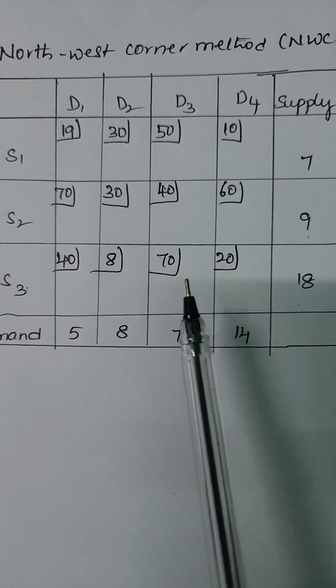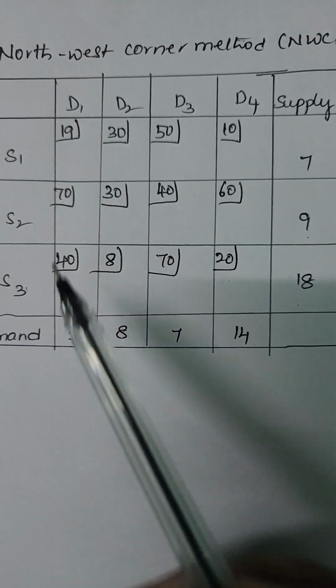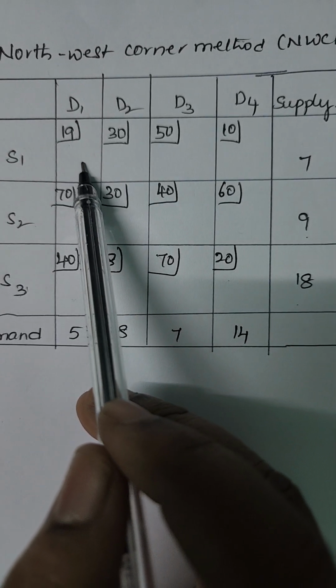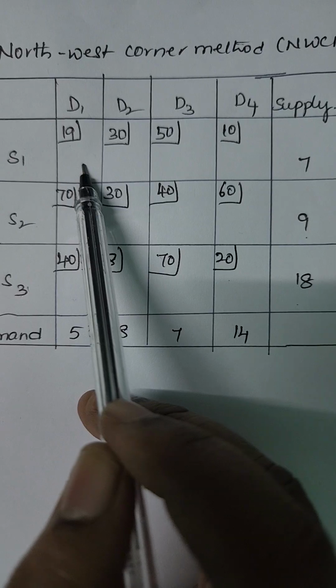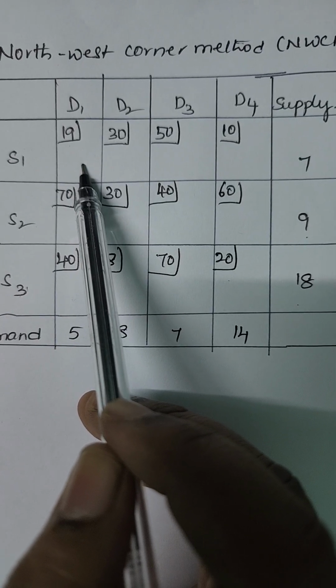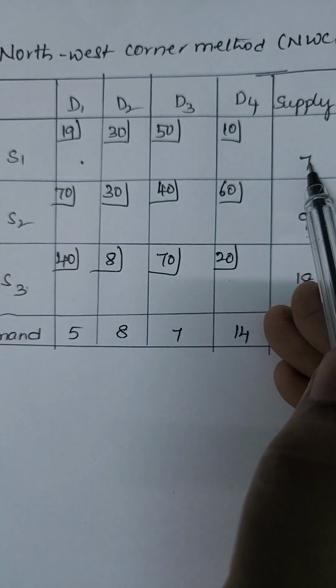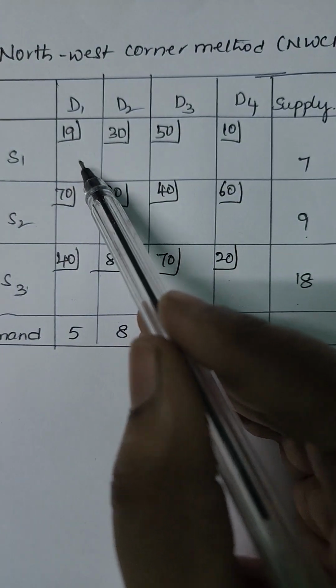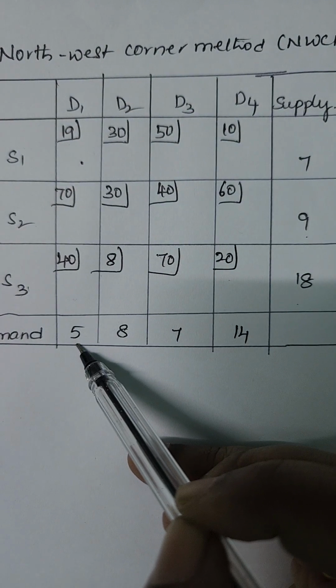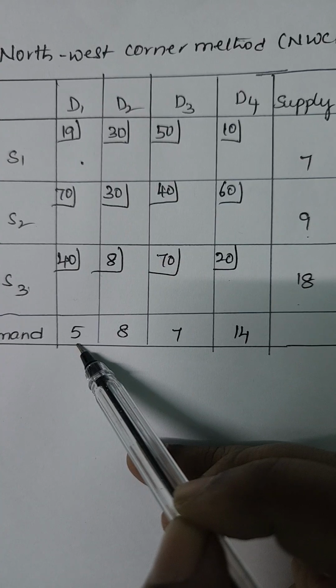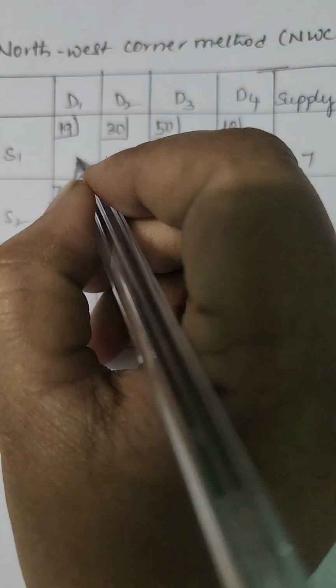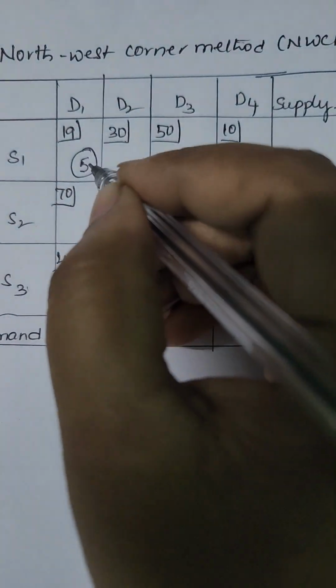In the northwest corner method, first we select the first northwest corner cell. In this problem this is the first northwest corner cell. At this cell the supply is 7 units and demand is 5 units. Since the demand is less than supply, we will assign 5 here. The minimum of 7 and 5 is 5, so we assign 5 here.